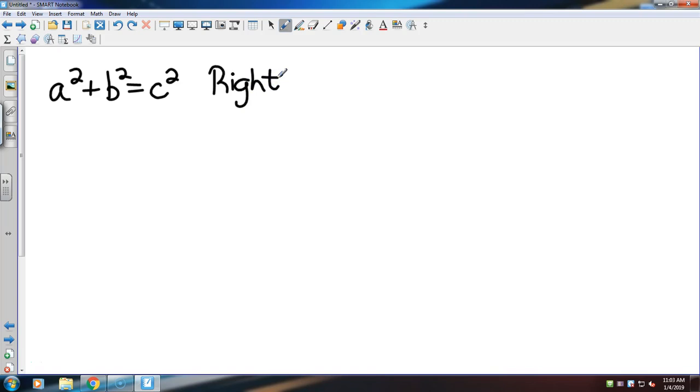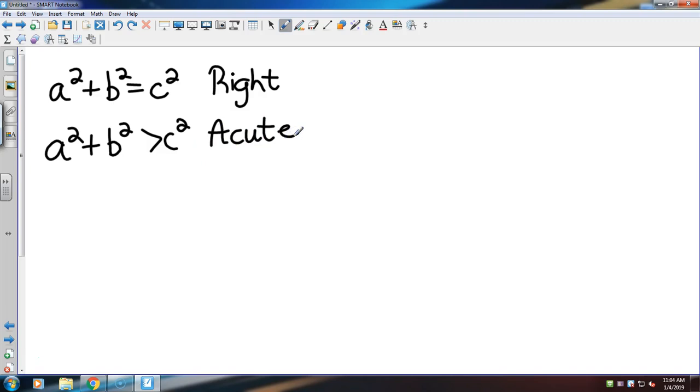For our other two, let's write it a squared plus b squared. If a squared plus b squared is greater than c squared, so it doesn't come out to be equal to, it comes out to be greater than, then this is an acute triangle.